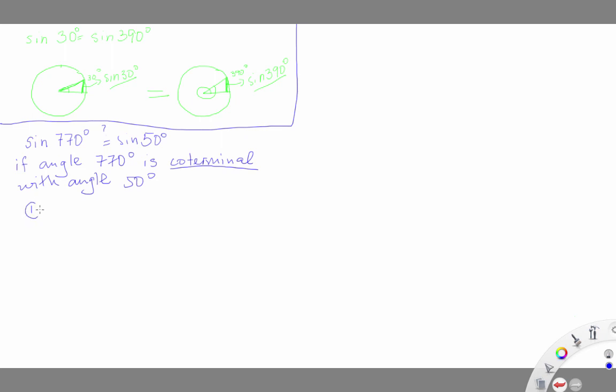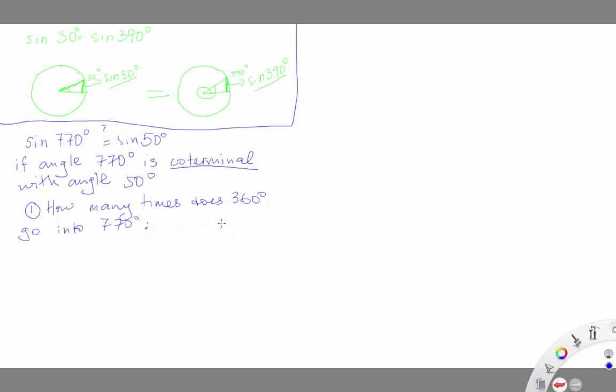First of all, we need to figure out how many full circles there are in 770 degrees. We know a full circle is equal to 360. So we have to find out how many times does 360 degrees go into 770 degrees?